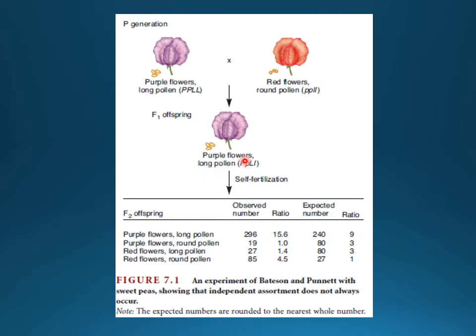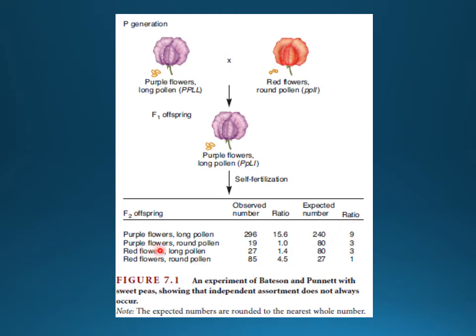When it is self-fertilized, different results are obtained in the F2 generation. Purple flowers, long pollen, the parental type: 296, and the ratio is 15.6. The normal expected number is 240, which is a ratio of 9.